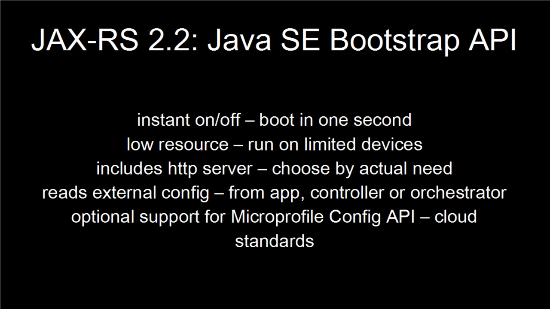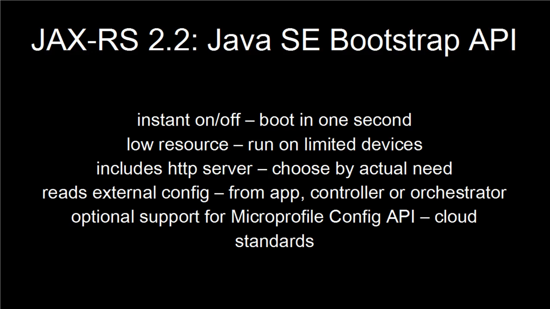Also, we can read external configuration, which means, for example, the host name, the IP port, or possibly the class name implementing the HTTP server. This is a feature that Jersey does. You can have some file, for example, or some environment properties that tell the Jersey implementation which HTTP server you would like to have.